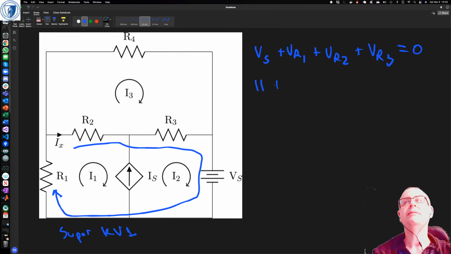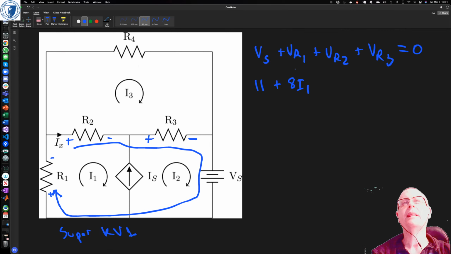And then VR1 is just I1. Remember, we've still got to have the polarities of each of our passive devices satisfy the passive sign convention. So that's the way that is. So VR1 is just R1, which is 8 ohms times I1.